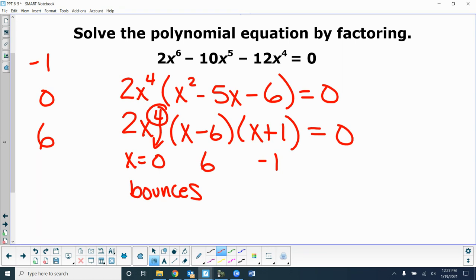Whenever you see it bouncing like that, it has even multiplicity, meaning it works at least twice. But this one actually works 4 times. When it goes straight through, like you saw on your graph, it works just 1 time.